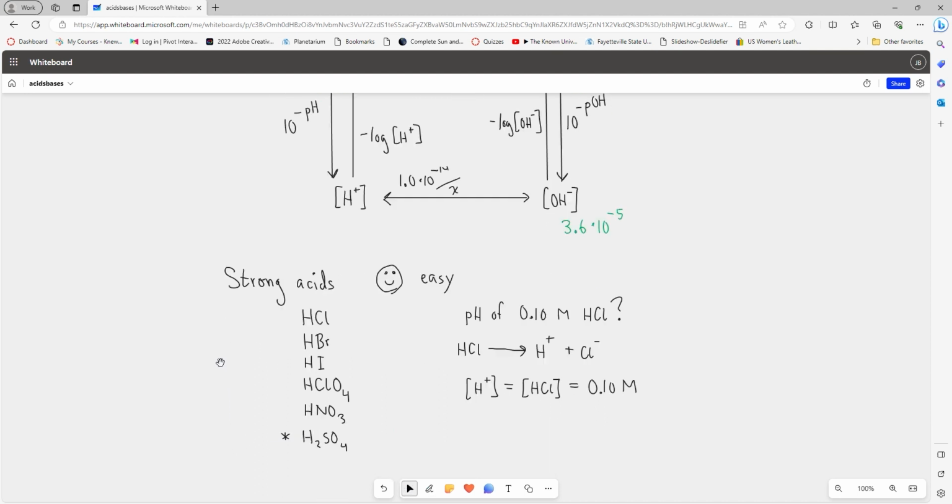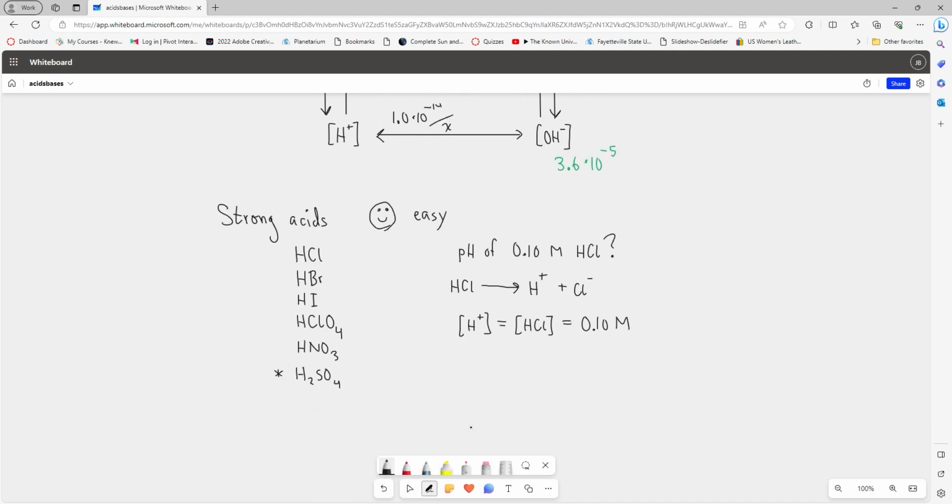So in our case, we're going to take the minus log of 0.1, which is the concentration. And we do that on your calculator. Try this yourself. You're going to find that it's 1.0. 1.00, 2 decimal places, because the H+ concentration itself had 2 significant figures.